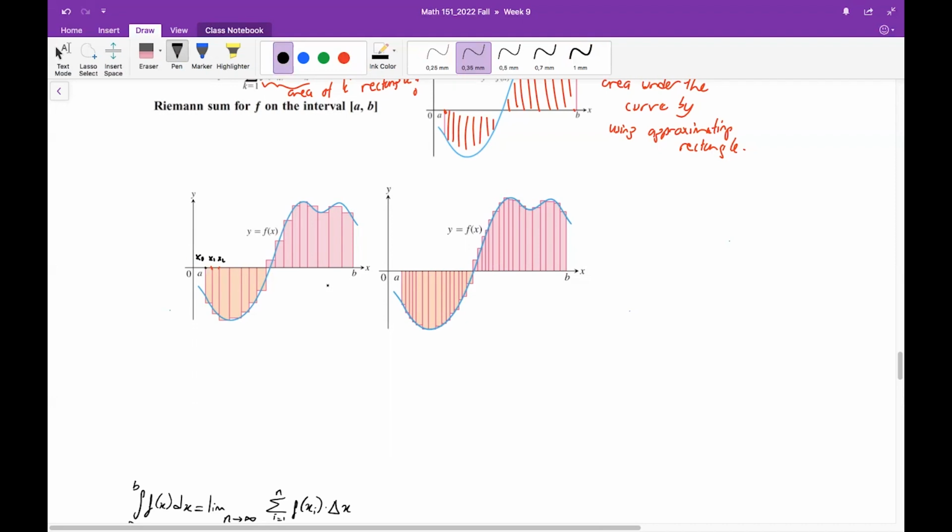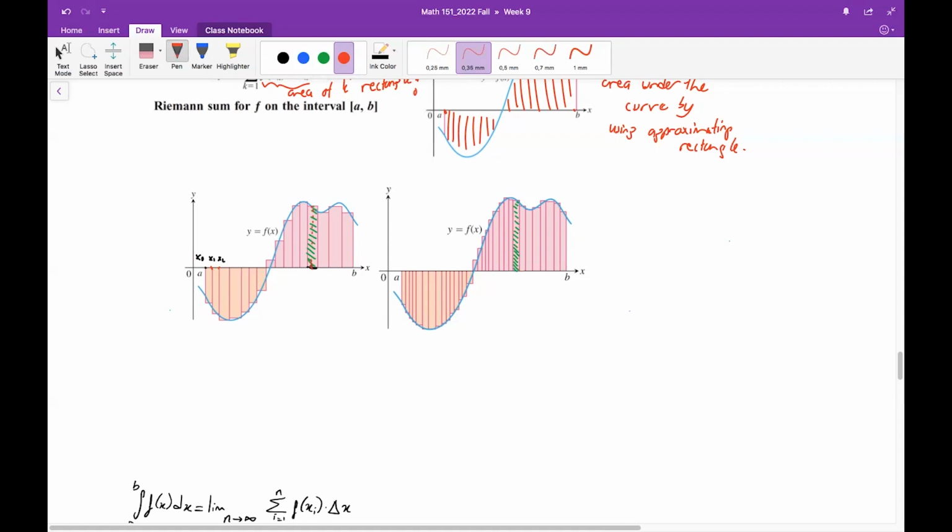And let's choose the kth rectangle here. Okay, just let me make it bigger, maybe from here I can explain. So let's concentrate on this kth rectangle, which is also over here. And as you can see, they are using the midpoints to create the rectangles.